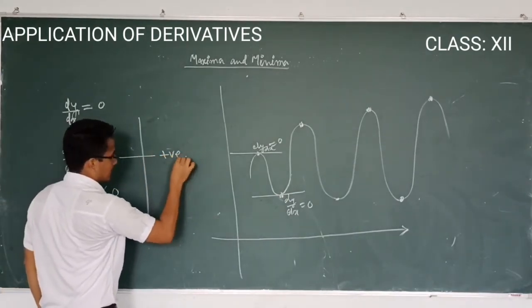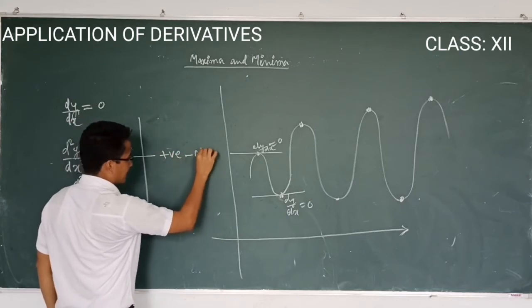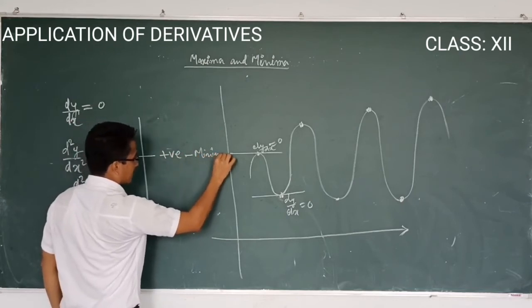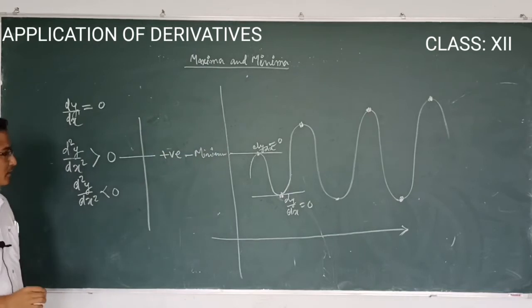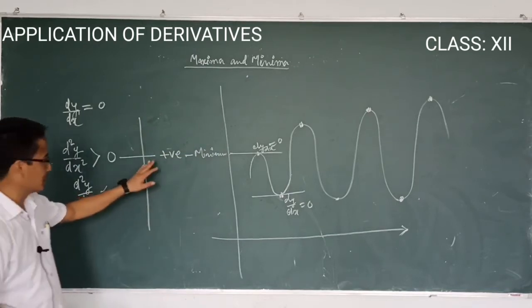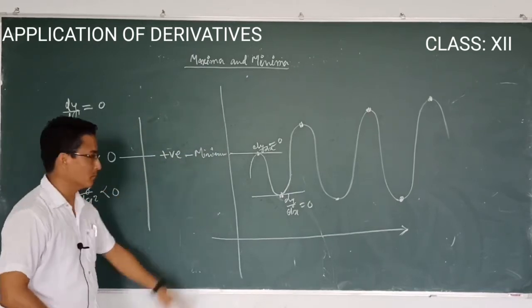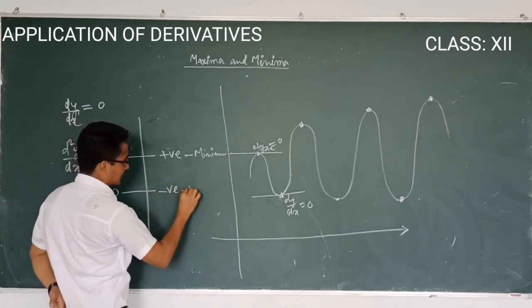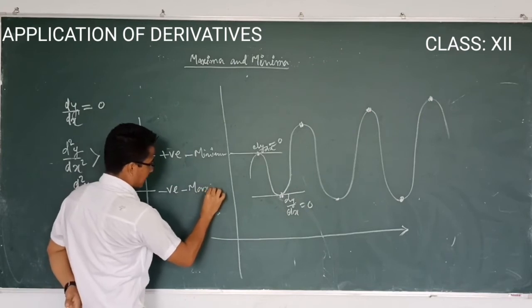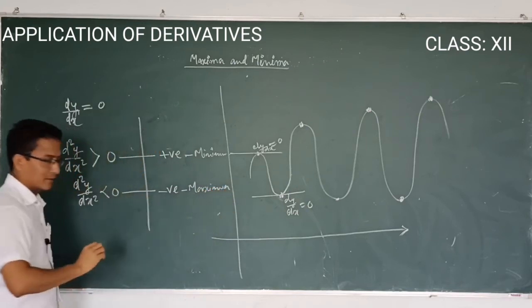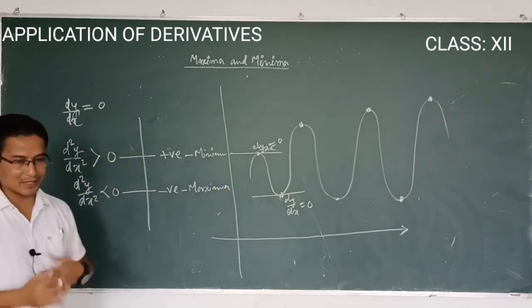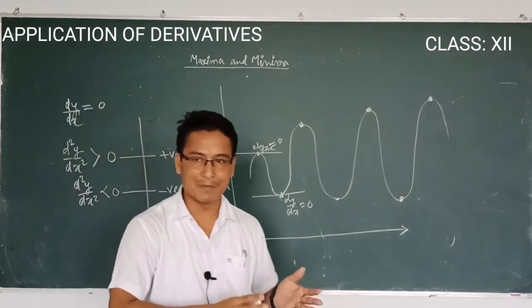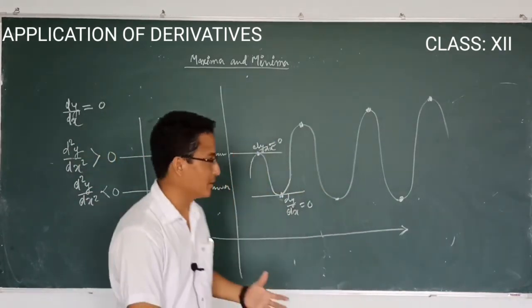So from these two values of the second derivative test, what are we going to understand? If we get a positive value, then we will say minimum. If you get a negative value, then we will say maximum.